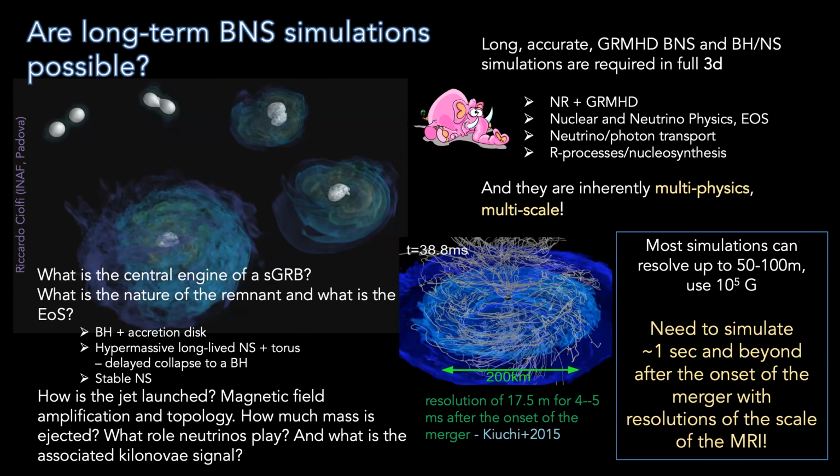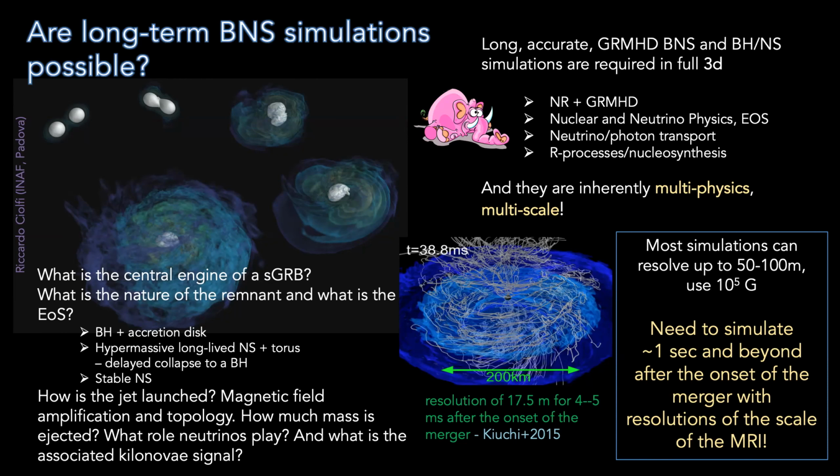For binary neutron stars, we want to know key questions like what is the central engine of a gamma ray burst, what is the nature of the remnant, what is the equation of state, and how the jet is launched, magnetic field amplification and topology, how much mass is ejected from the system, if there are neutrinos, what role neutrinos play, and how this is all associated with the kilonova signal.